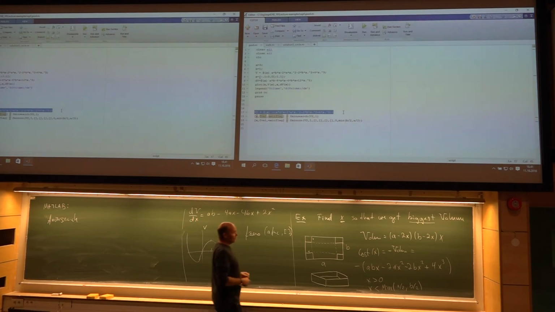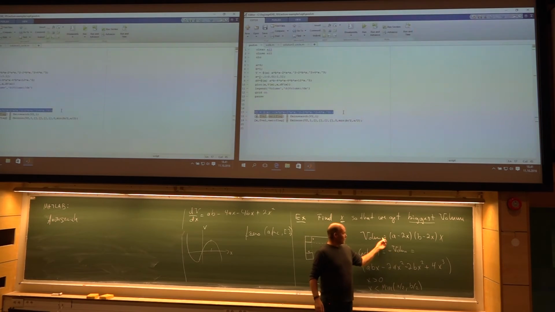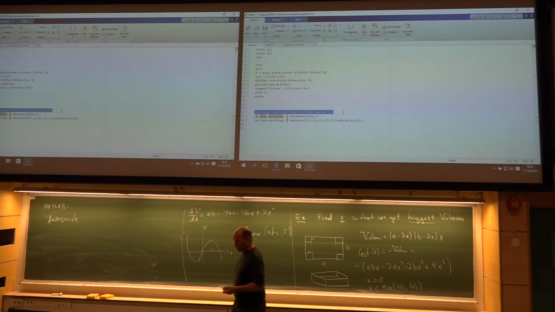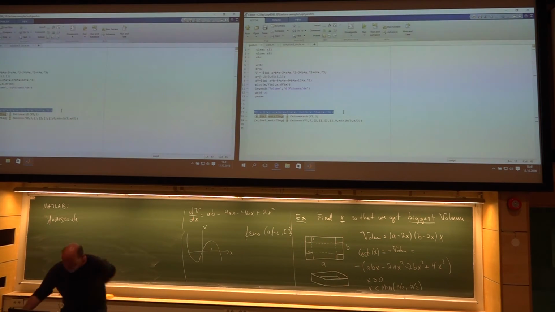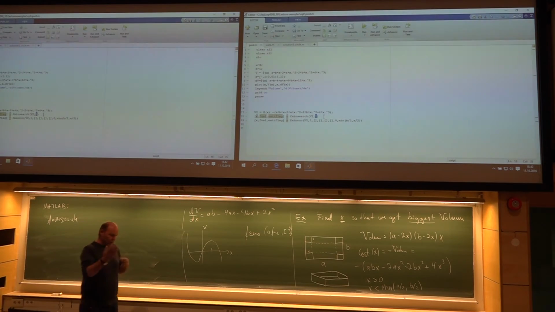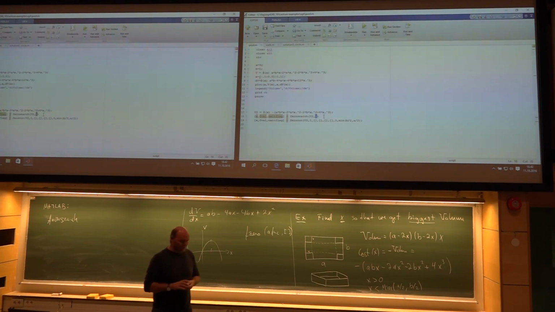My cost function is just minus this volume function. And I call fminsearch here with the function name and initial guess. Try to find the solution around this value.